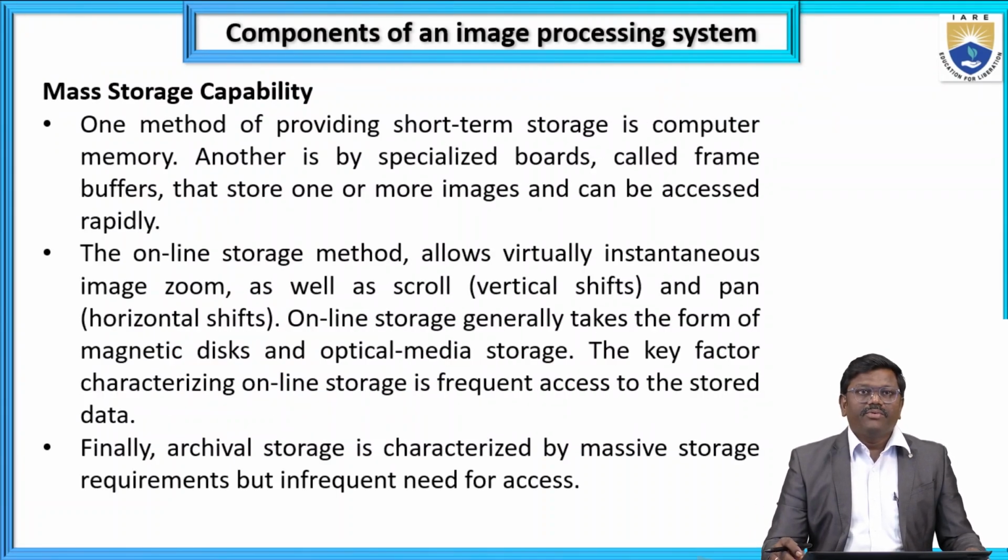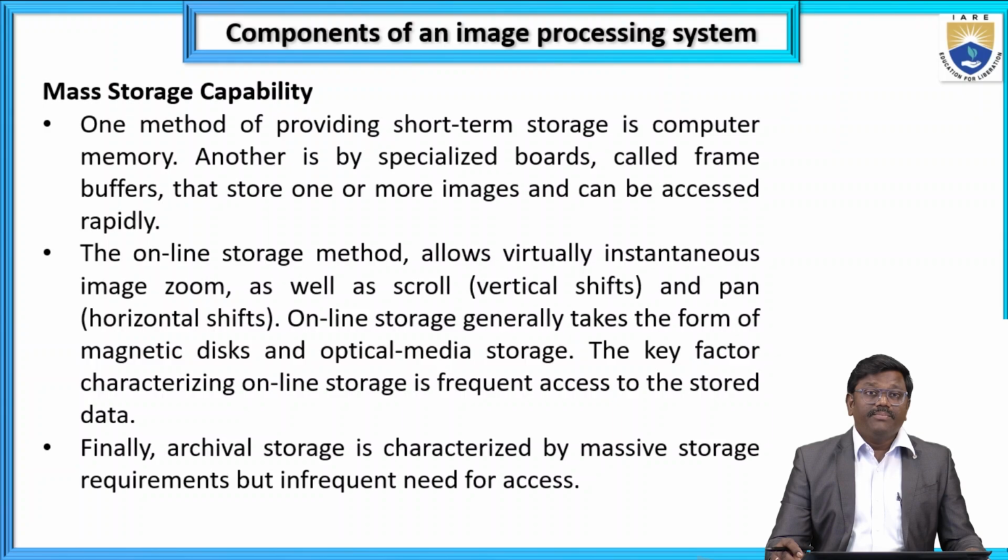Externally, we understand this mass storage capability as follows. One method of providing short-term storage is computer memory. Another is specialized boards called frame buffers that store one or more images and can be accessed rapidly. The online storage method allows virtually instantaneous image viewing as well as scrolling, vertical shifts, and panning, horizontal shifts.